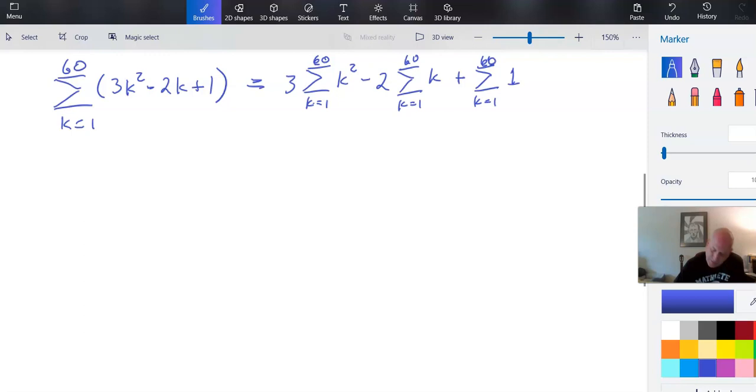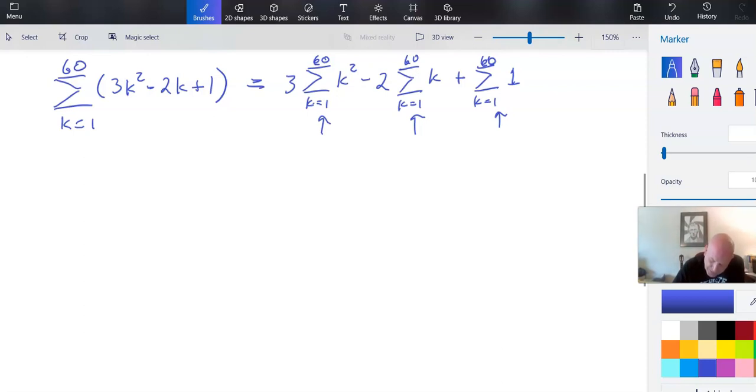Okay, so really the idea here is to get a hold of these pieces. This one we can do in our head because you just have to take the upper index and multiply it by your constant. But these have formulas.